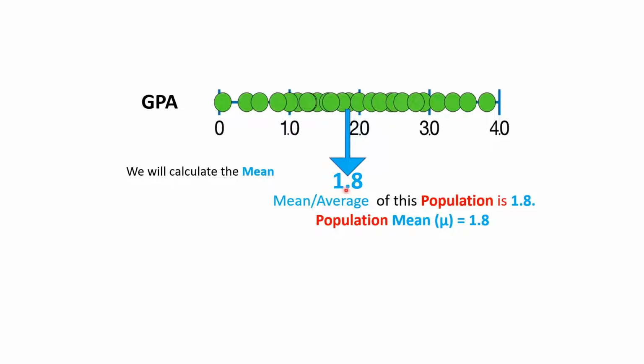And we call this population because we are interested in the 82 students, right? In other words, the population mean, for which we use the Greek letter mu, will be equal to 1.8.